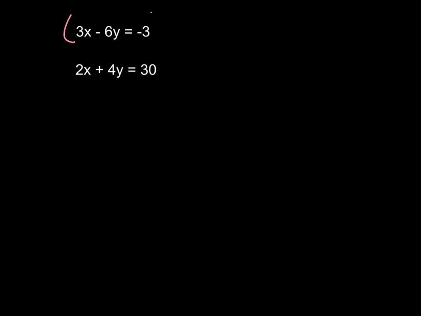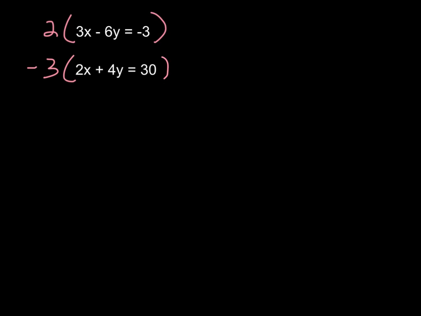So I want one of these to be positive 6 and one of these to be negative 6. So if I multiply this top equation by 2, right here, 2 times 3x, that'll give me positive 6. That means I want this bottom x value to be negative 6. So I'm going to have to multiply that by negative 3.